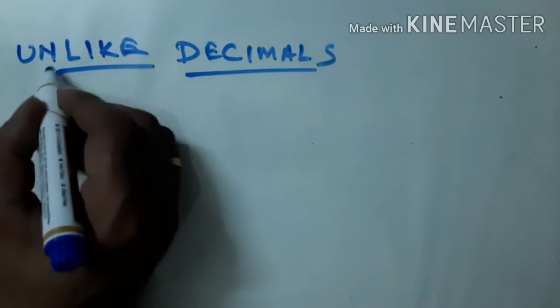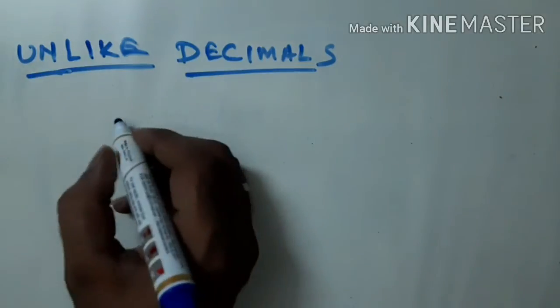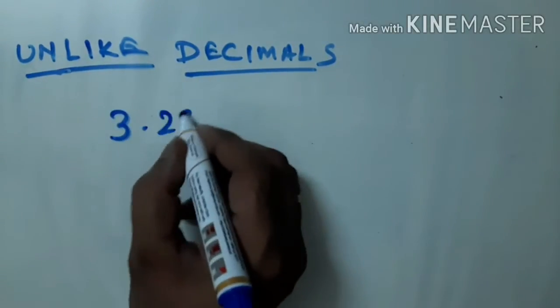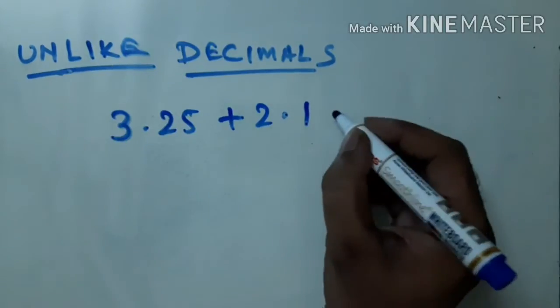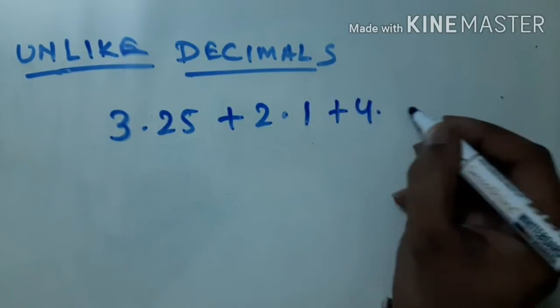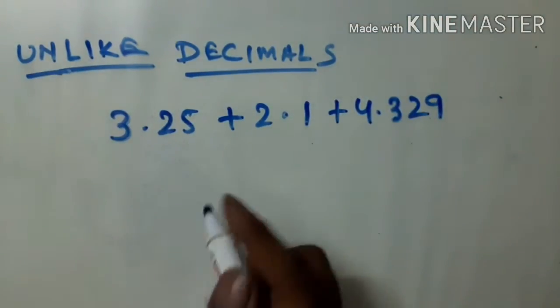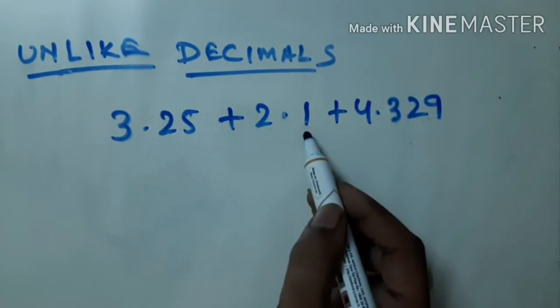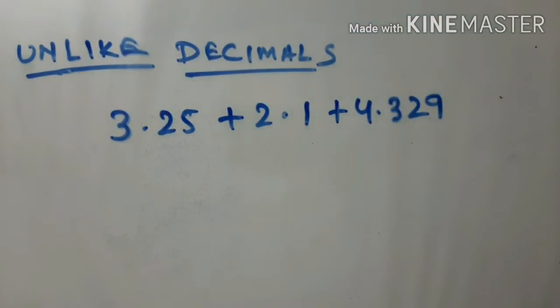Now we will do for unlike decimals. Unlike decimals, that means the decimal numbers which have different number of decimal places, like 3.25 and 2.1 plus, let's take another one, 4.329. So here 2 places, here 1 place and here 3 places. Now let's see.